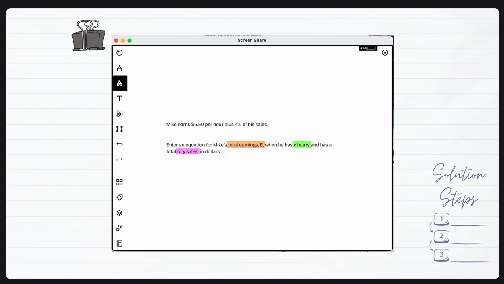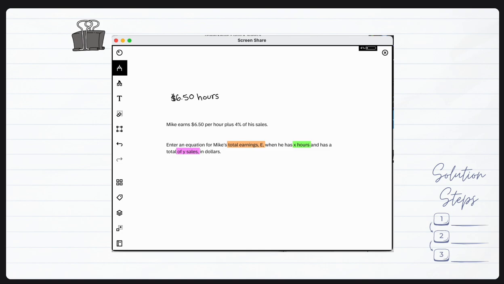All right, so let's look at what we know. We know that Mike is earning $6.50 per hour. What that really translates to in math terms is $6.50 times hours.